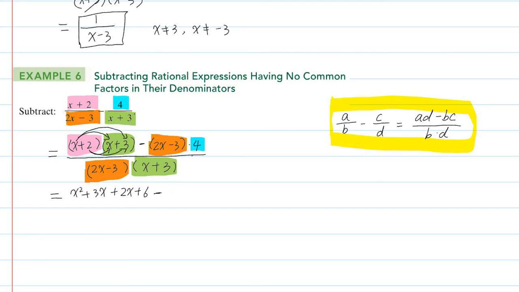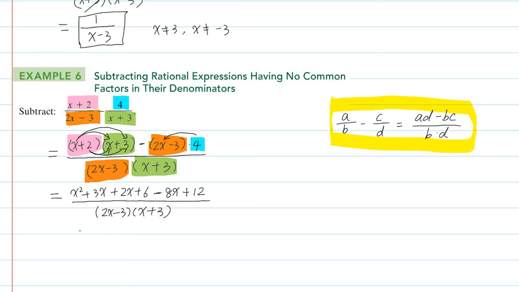That will be 8x minus, which becomes positive, plus 12. Then there's a whole thing over 2x minus 3, and then x plus 3.